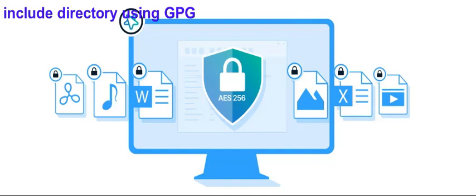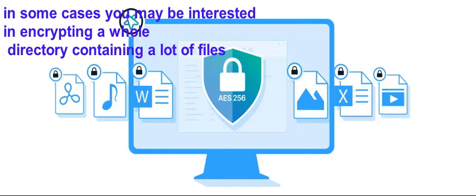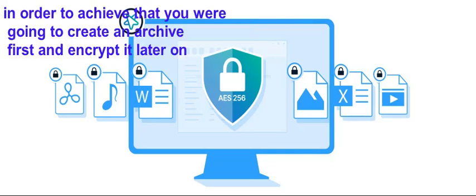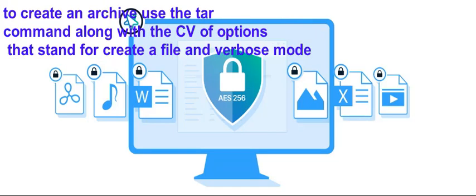Encrypt directory using GPG. In some cases, you may be interested in encrypting a whole directory containing a lot of files. In order to achieve that, you are going to create an archive first and encrypt it later on. To create an archive, use the tar command along with the cvf options that stand for create a file in verbose mode.